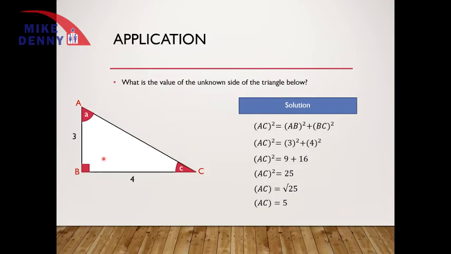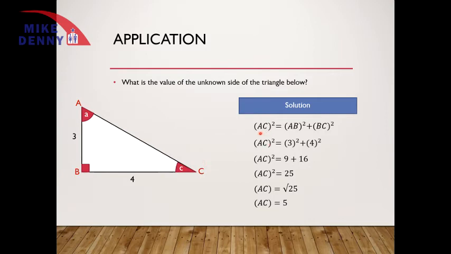This is a triangle. AB is 3, BC is 4. So we go back to Pythagoras' theorem, which says the square of the hypotenuse equals the sum of the squares of the other two sides.